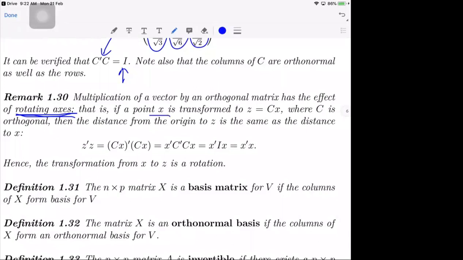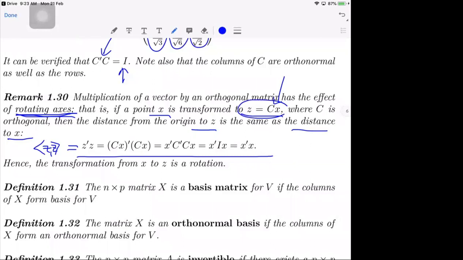That is, if a point X is transformed to Z by pre-multiplying it by an orthogonal matrix, then the distance from the origin to Z is the same as the distance to X. Because this is the inner product of Z with itself, that is Z prime Z. If you transform X by pre-multiplying it by an orthogonal matrix, you will still get the original inner product of X. So it's just a rotation of axes.